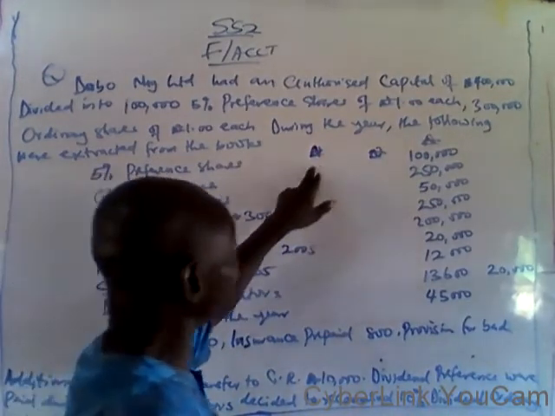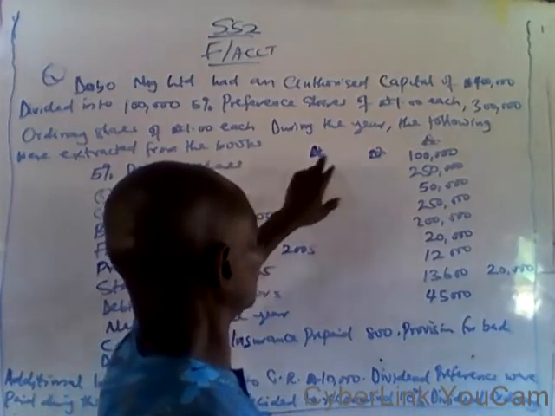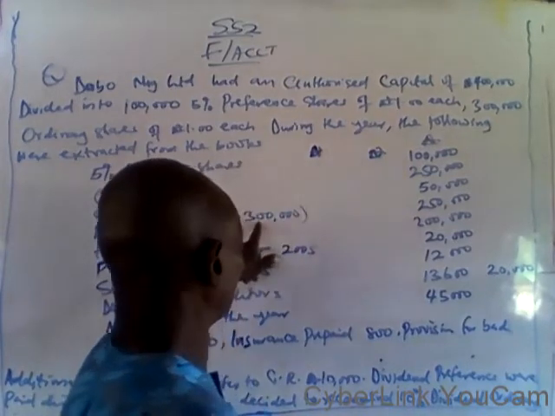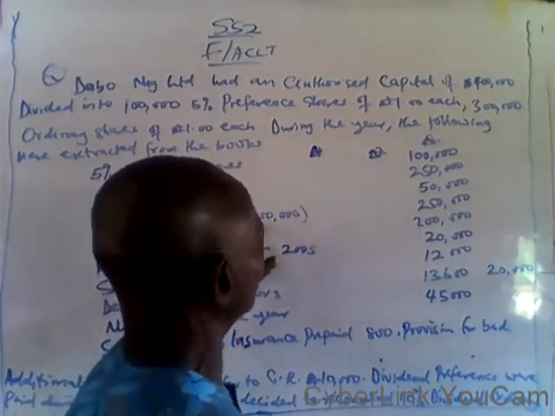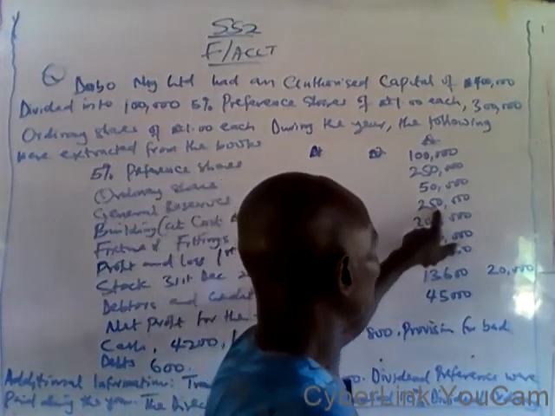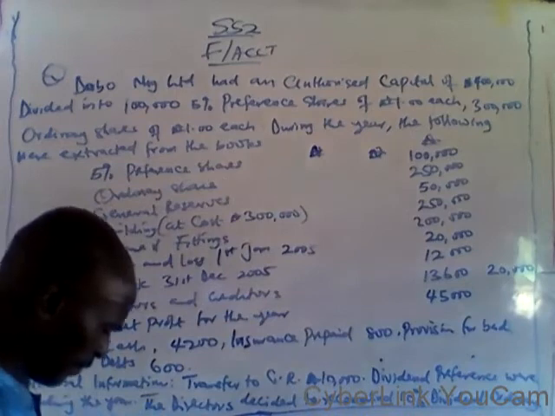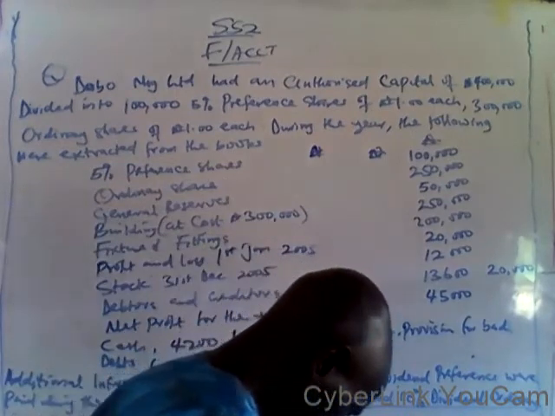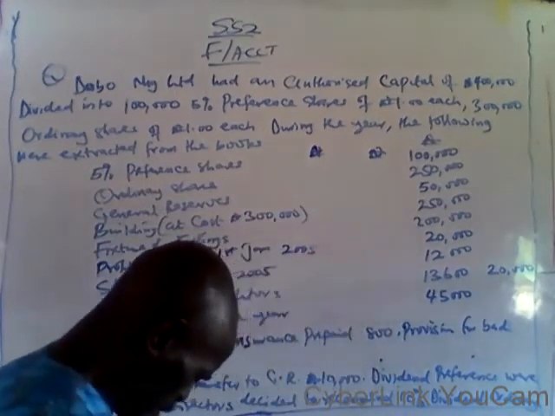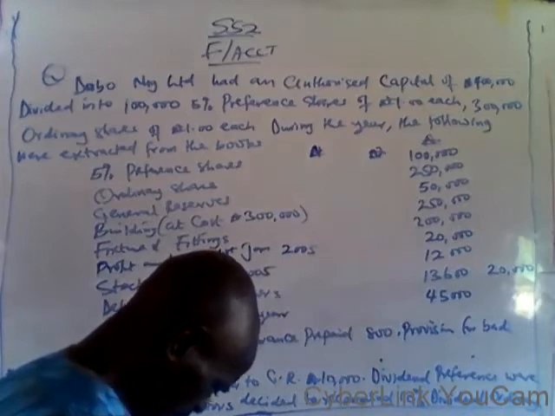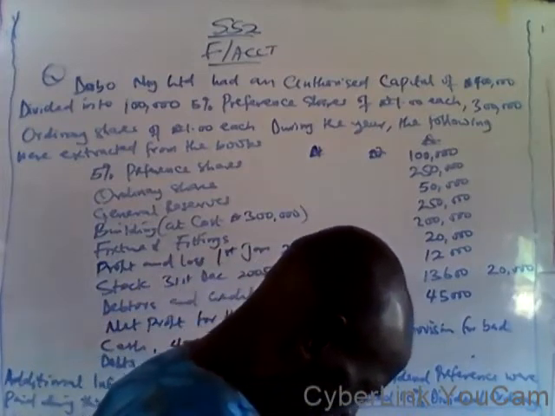Here you have 300,000. You first consider the 300,000 based on the cost price, but the net book value given to you is 250,000 naira.